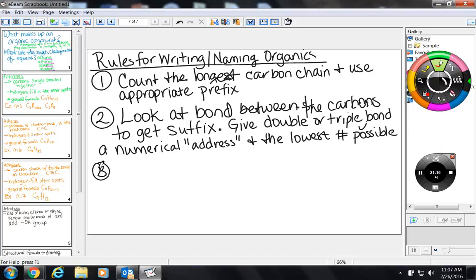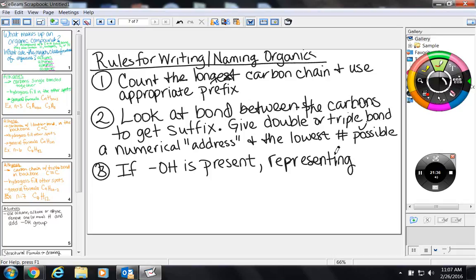3. If an OH is present, representing an alcohol, give it the lowest number possible.